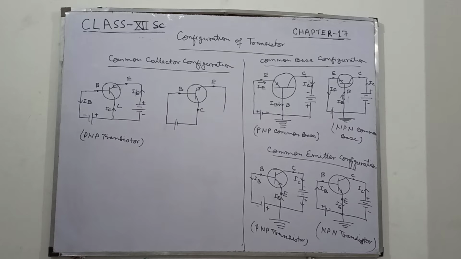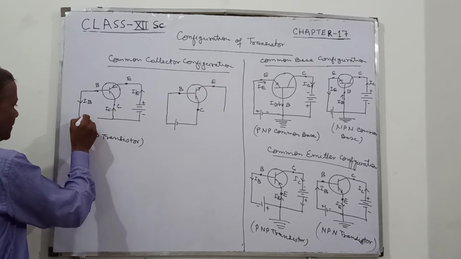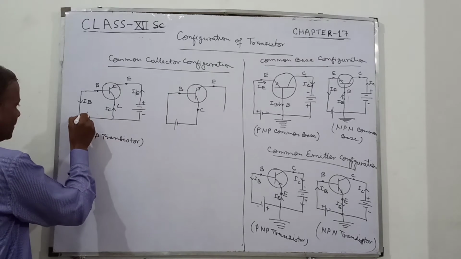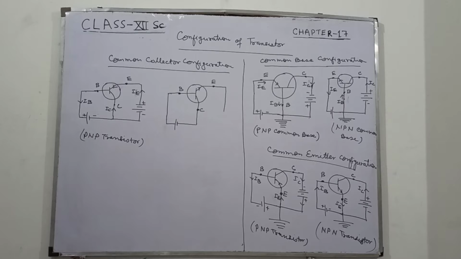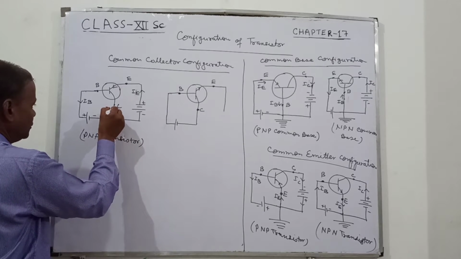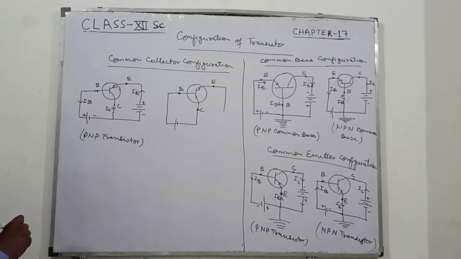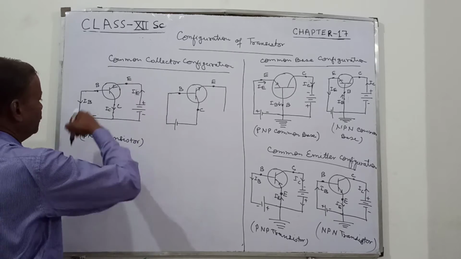IC and IB, we say IC, that will be downward. This is IC and IB similar to this one. And this is your positive to negative, so this will flow like this.